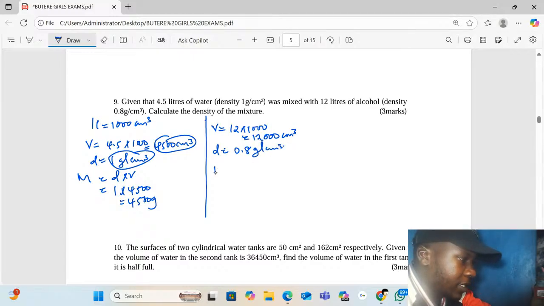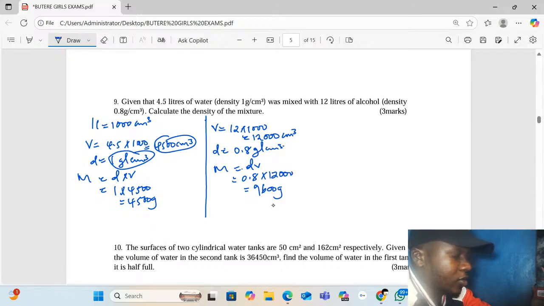To find the mass, we check density times volume. The density is 0.8 times the volume, 12,000. So our mass is going to be 9,600 grams.